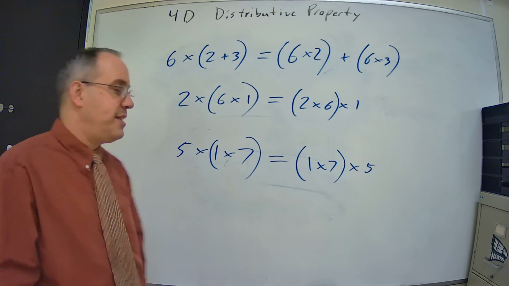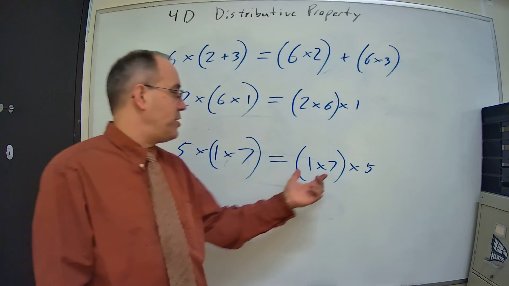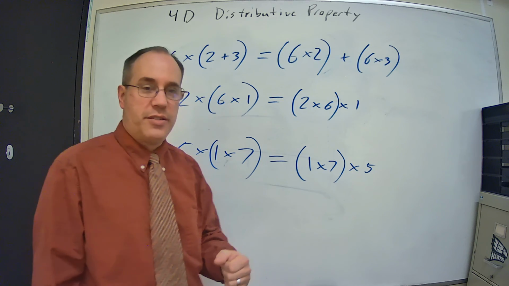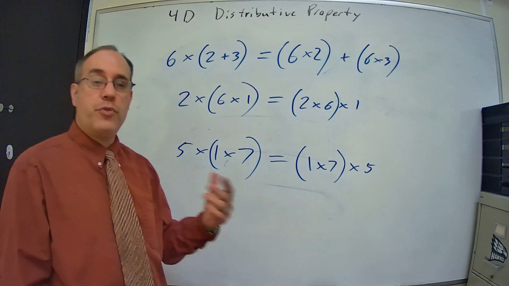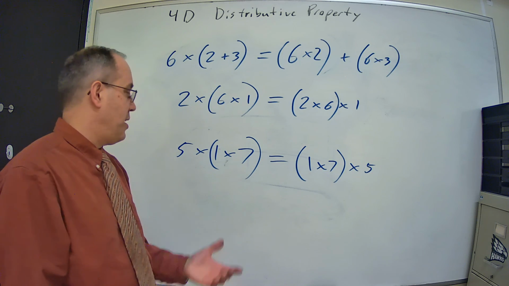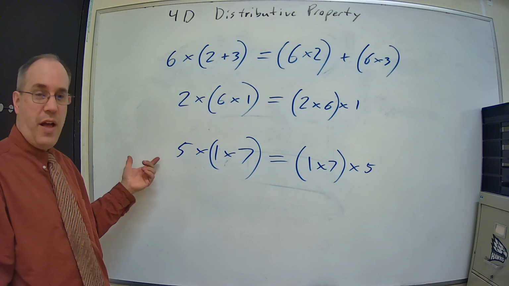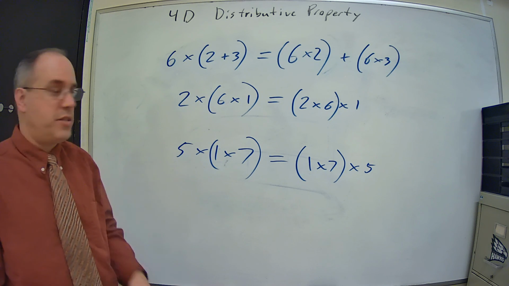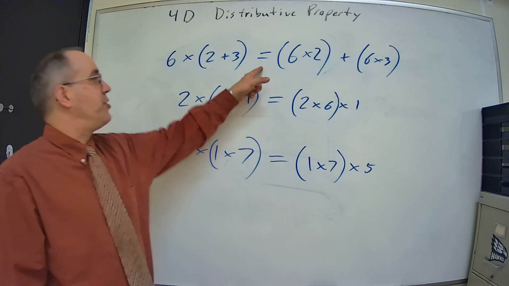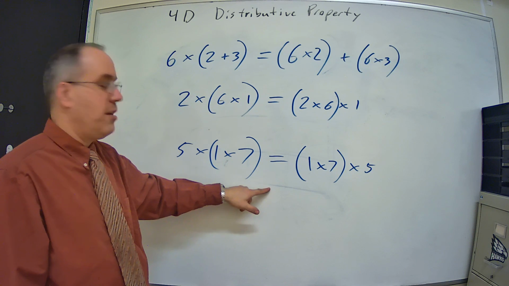But you'll notice that I didn't change the grouping here. 1 times 7 is still in parentheses, which is then multiplied by 5. So really, this is the commutative property. I took this grouping and I just moved it to the other side of the 5. So even though I had parentheses in there, it's not associative, that's the commutative property. So distributive property, associative property, commutative property.